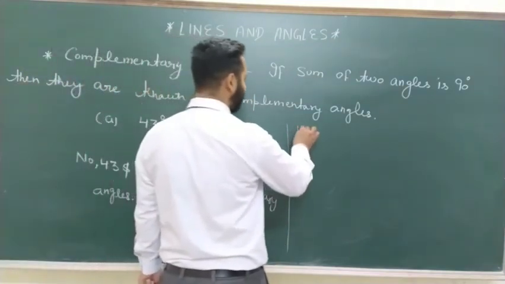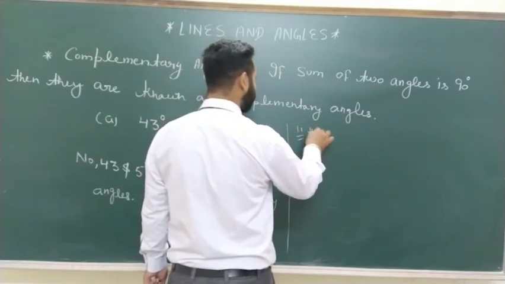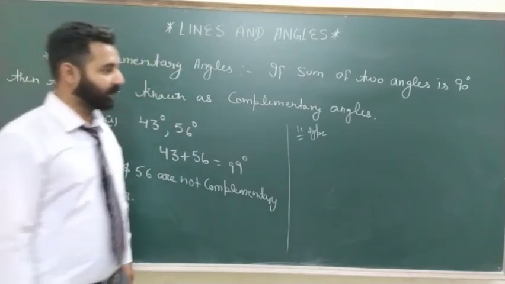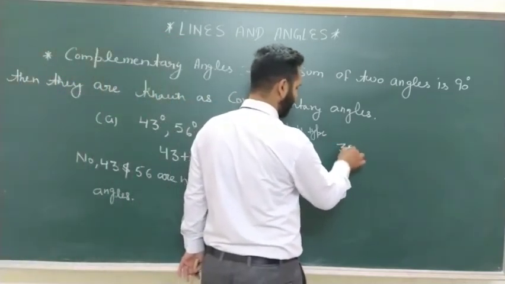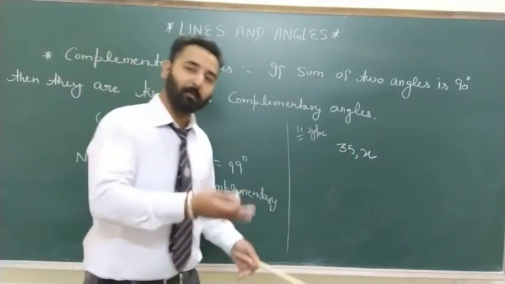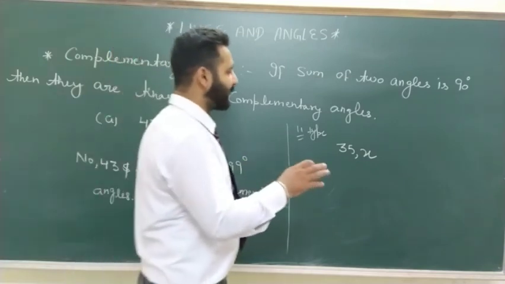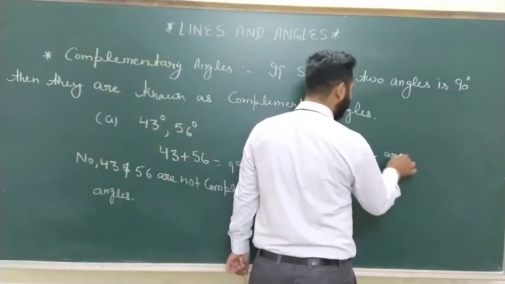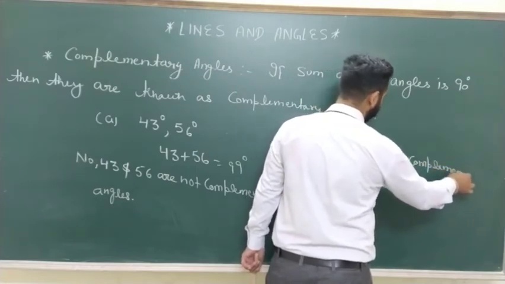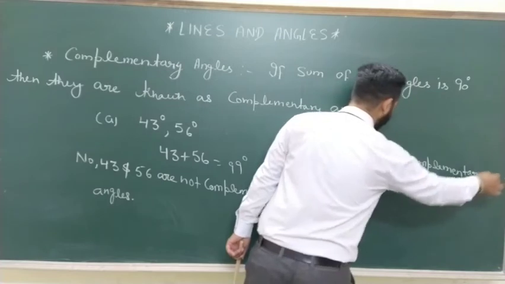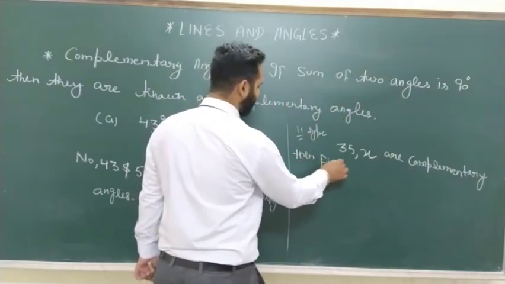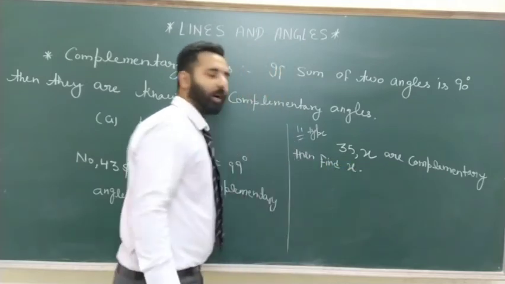The second type of question can come like this. If we have two angles, 35 and x, and it's given they are complementary, then find the value of x. So how will we solve it?